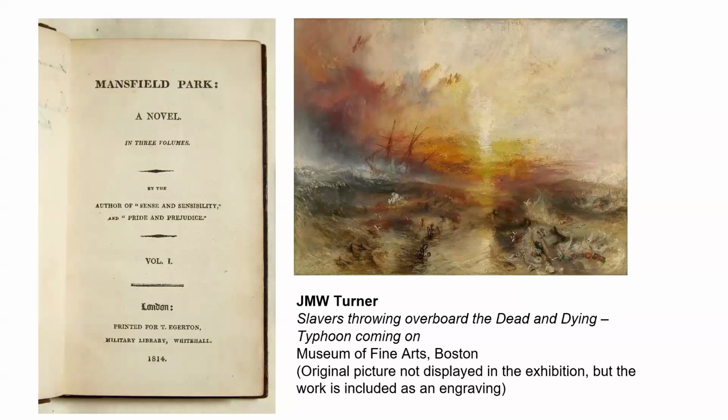Obviously, the work is in the US at the moment. And it's an incredibly complex and truly harrowing picture thought to represent the murder of enslaved Africans on the slaving ship, the Zong, in 1781. We don't have the original oil painting in the exhibition. It doesn't travel anymore, but we have featured this work in the form of an engraving within the show.